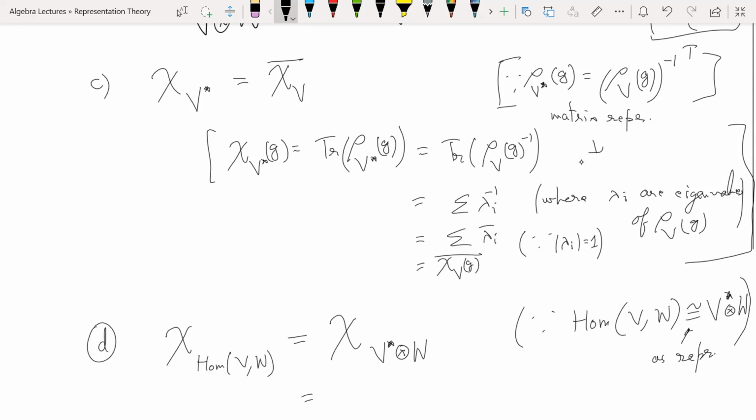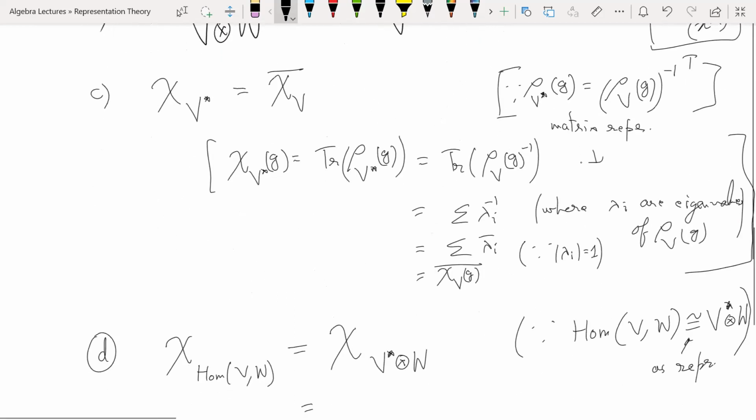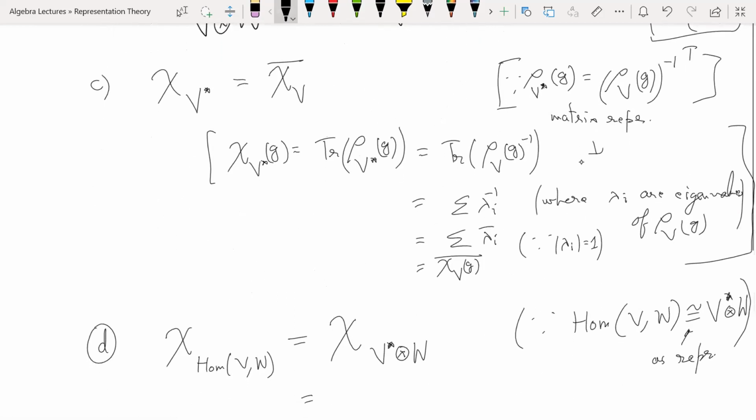So now you use C and B to say that this is the same as chi_{V*} times chi_W, which is chi_V bar times chi_W.